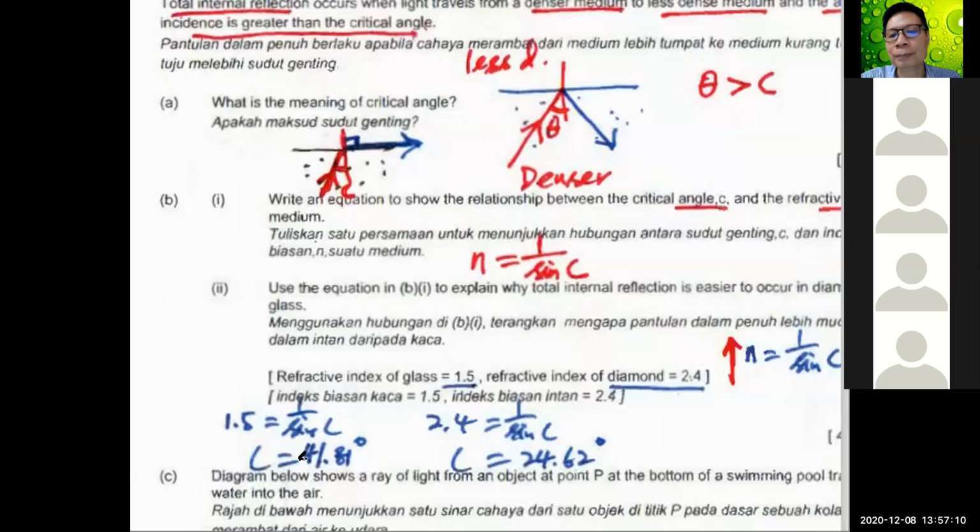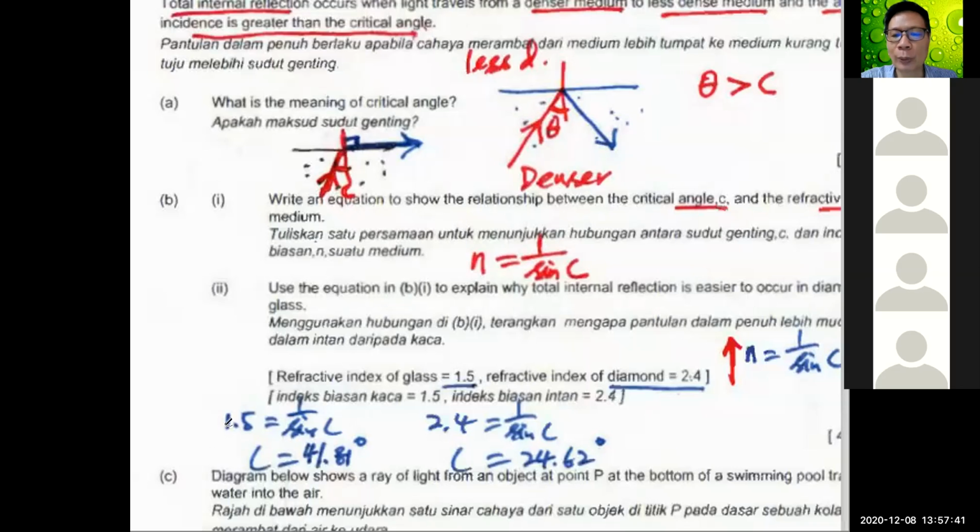Meaning that to have total internal reflection in the glass, your angle of incidence must be larger than 42. Whereas in a diamond, your angle of incidence needs to be just bigger than 24.